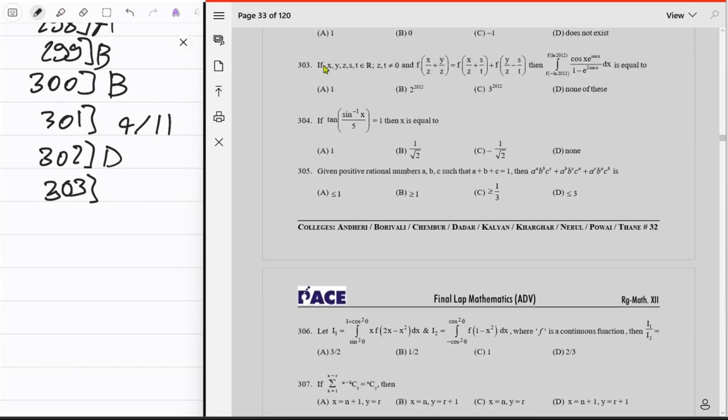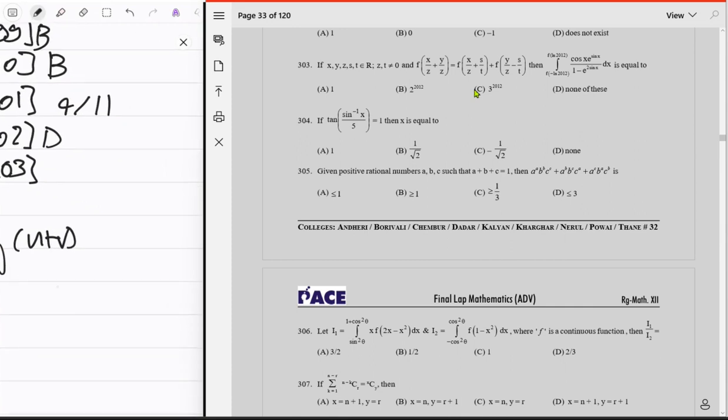Okay, x, y, z, s, and t belong to real numbers. z and t are not equal to 0. If f of x upon z plus y upon z equals f of something. So these are all real numbers and z and t are not 0. Let's call x upon z as u and y upon z as v. It's basically f of u plus v, and these are just variables.